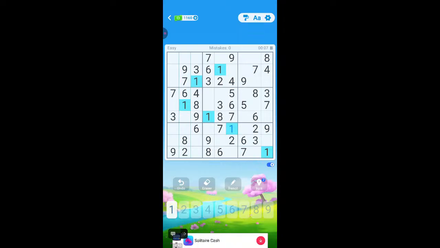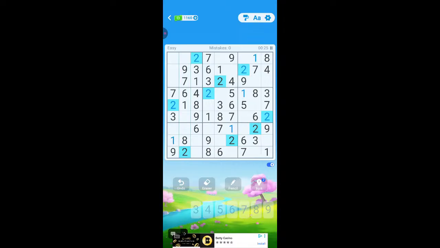No, that's a 1. Just put it in there. Yeah, that wasn't a guess. The other one was blocked. There's a 2 there. There. And there. And there. There. 4, and 7 bitches ago.